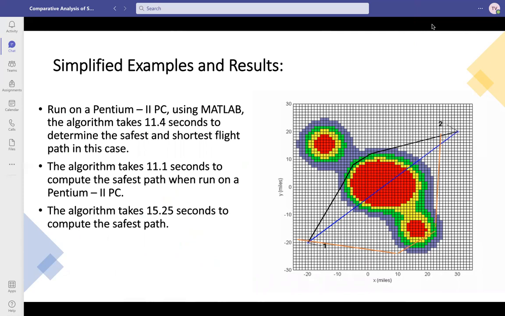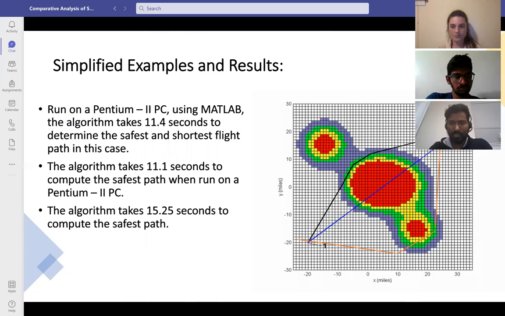In the first path, if you look at the black line, you can see the trajectory of the first path. That is the shortest path calculated by A star with some adjacent modifications in the SMA star tree. It produced the shortest path within 11.4 seconds, and it's the safest path, from a Pentium 2 PC.